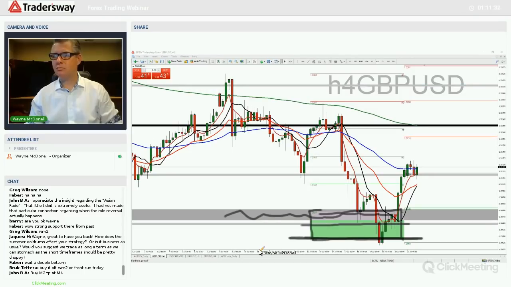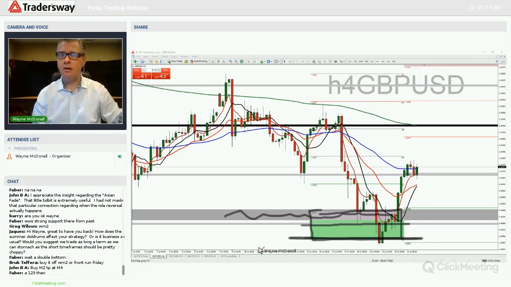Wait for a double bottom. That sounds like you're going to let a lot of fish go. Buy an M2, double bottom, buy M2. Okay, all of those are okay.